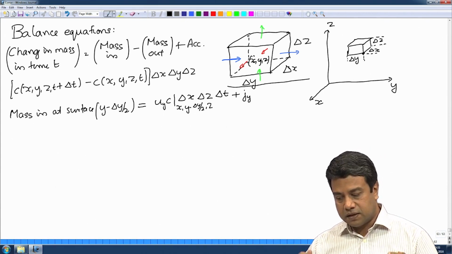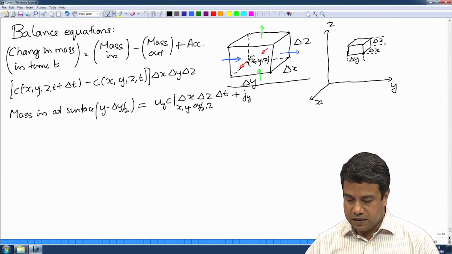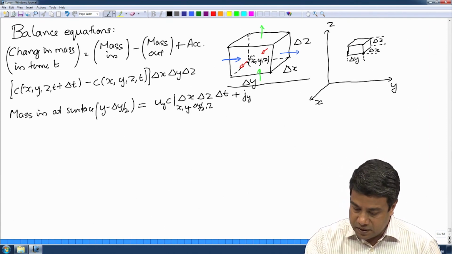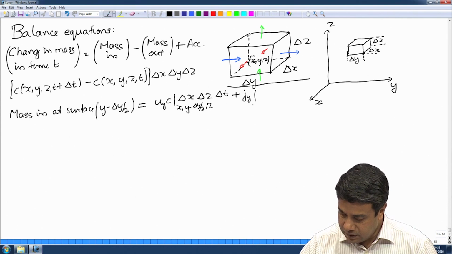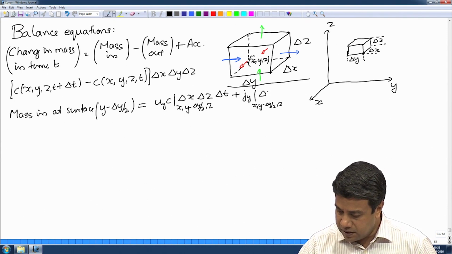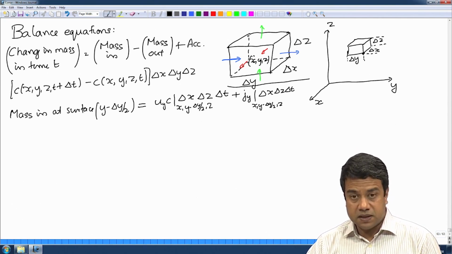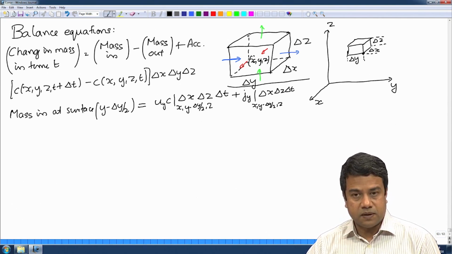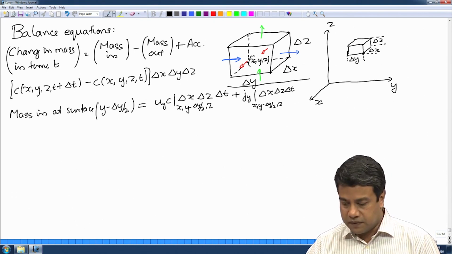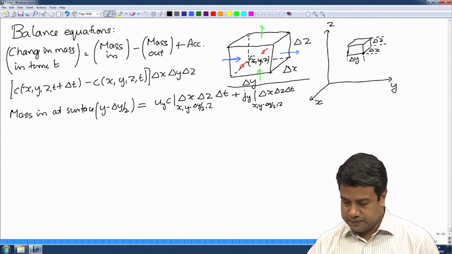So, take the component of the flux that is perpendicular to the surface. This has to be taken at the location x, y minus delta y by 2, z, times the area delta x delta z delta t. So, that is the mass in at the surface y minus delta y by 2. The first one is due to convection, the second one is due to diffusion.